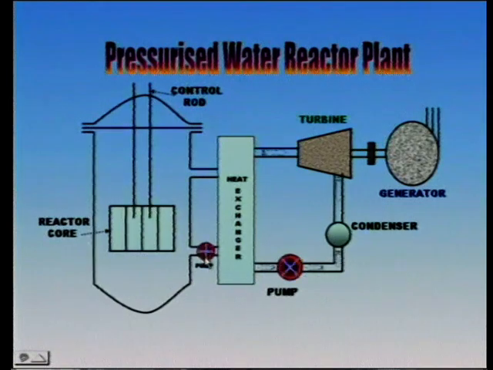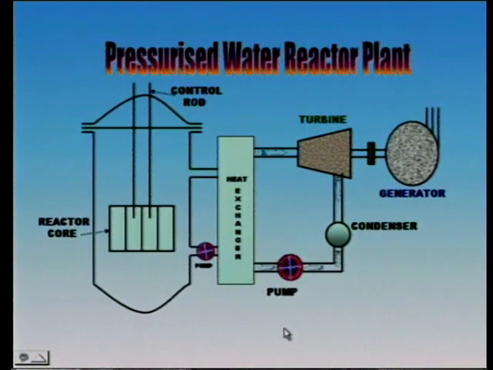The water, it is at high pressure, it is collecting the heat, flowing through the heat exchanger. In the heat exchanger, the water picks up the heat and it gets converted to steam. So, the steam is generated in a heat exchanger. It is similar to that of a boiler in a thermal power plant.